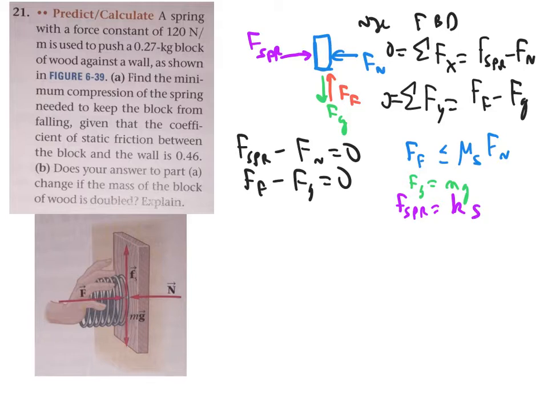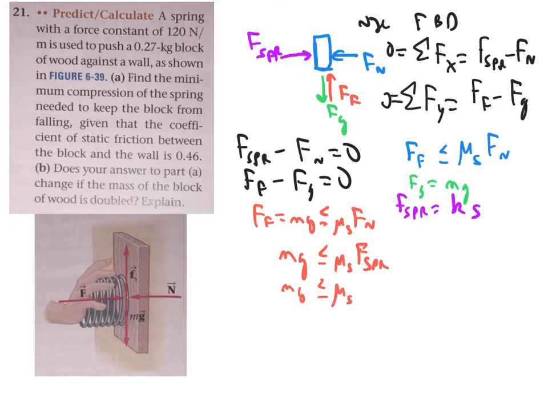So if we put all of these together, we have that Ff equals mg, but Ff is less than or equal to mu s Fn, so mg is less than or equal to mu s times the spring force, which means mg is less than or equal to mu s times k s. A lot of s's there, sorry.